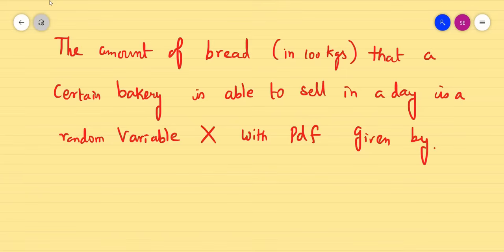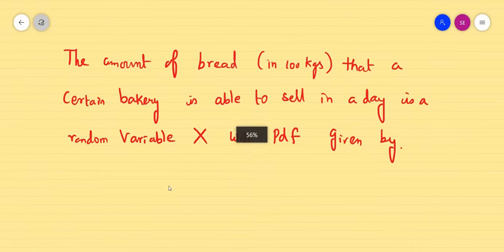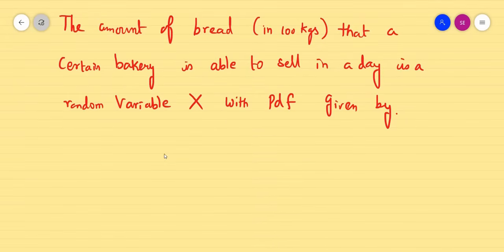given by, you see students, I'll give you one clue to find whether it is a continuous or discrete random variable. If you find the word PDF, probability density function, or if the question is given with f of x, then f of x always means it is a continuous random variable.